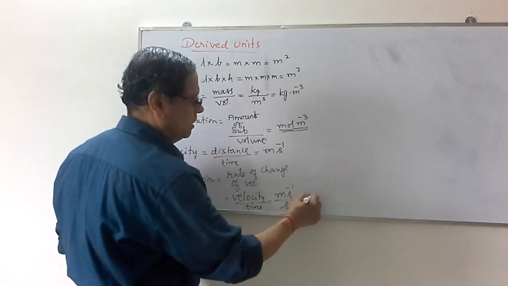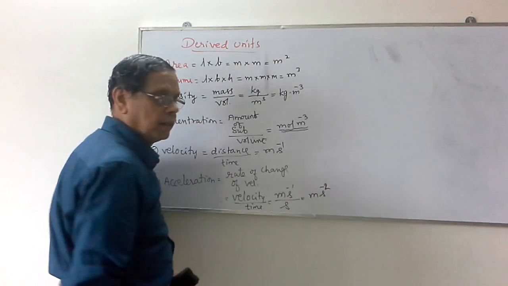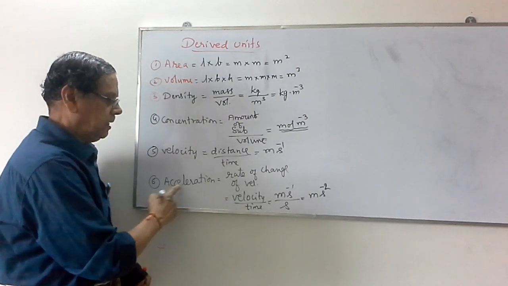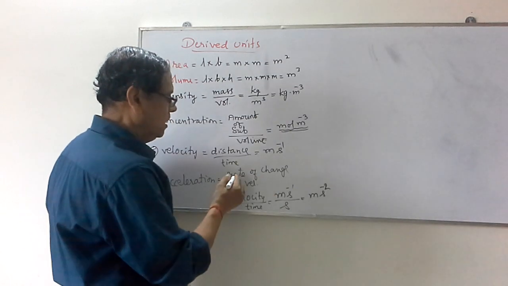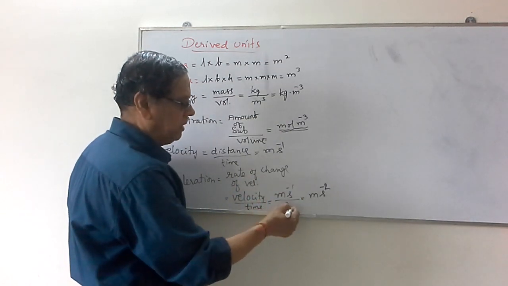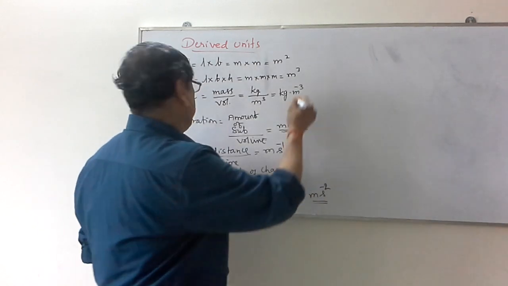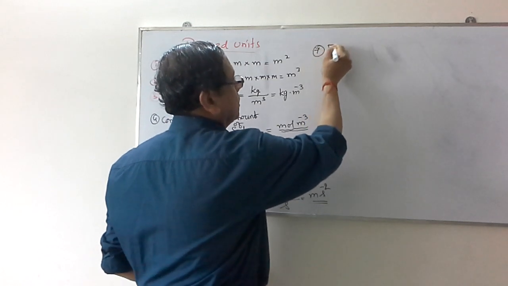That's why it is expressed in terms of meter per second square. Velocity divided by time indicates the acceleration of a moving particle. It is defined as the rate of change of velocity, meter per second divided by second, that is meter per second square. Then we have the next property, that is force.